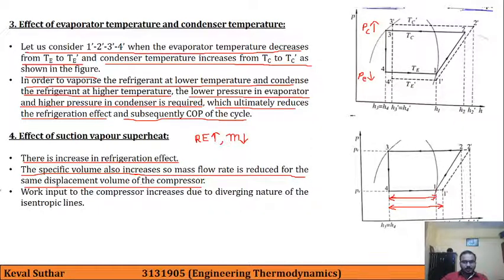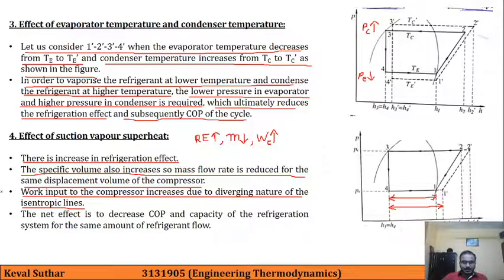And here also one more thing which is happening is work input to compressor increases due to the diverging nature of isentropic lines. So here WC, that is compressor work, has been increased because of diverging nature of isentropic lines.